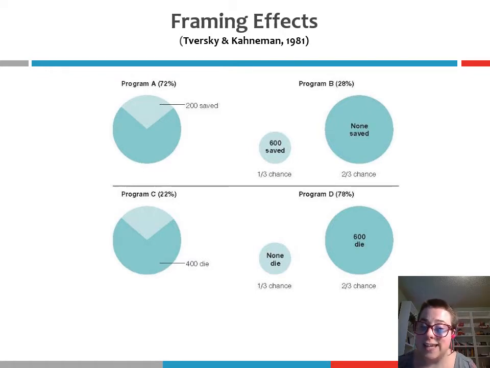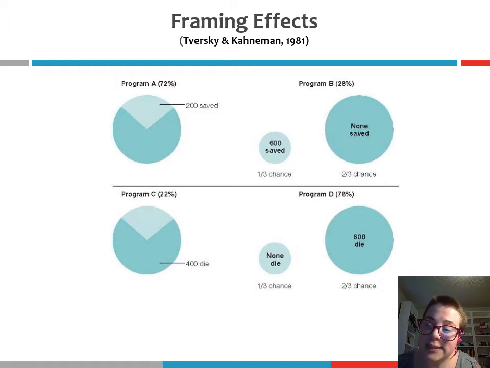Well, Tversky and Kahneman, when they conducted this experiment in 1981, they proposed the following theory to explain it. It was basically the idea that the reason why the rates of endorsement are so different is because of the way that the choices are stated or framed. Okay?